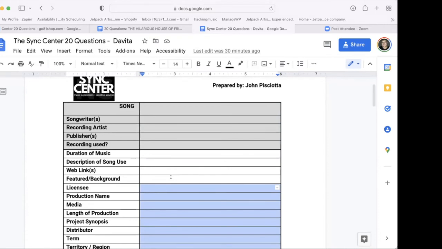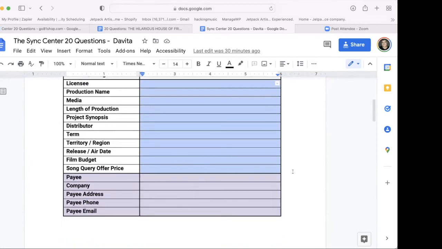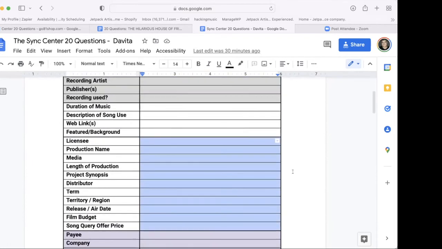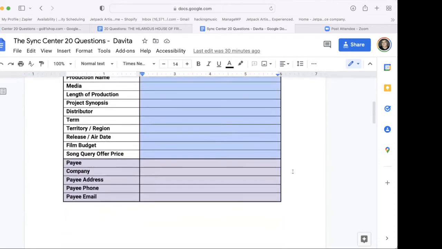Help us help you. Can you give us some information on this? You're not being a bad composer by asking who this is for, what the term is. You're professionalizing the conversation, getting all the facts beforehand. Somebody can fill this out in 10 minutes, 5 minutes, if they know what they're doing. It's not brain surgery.